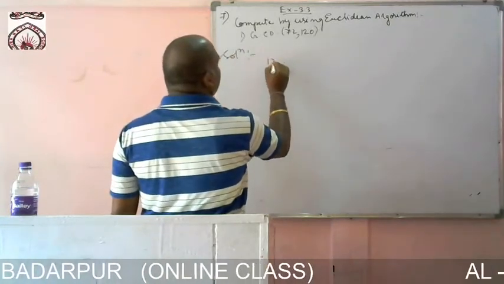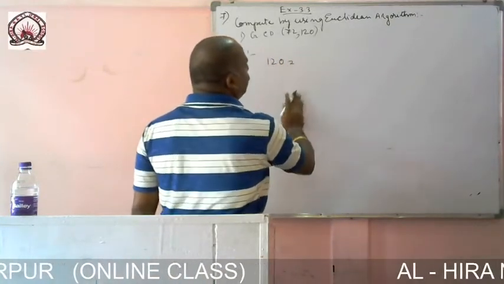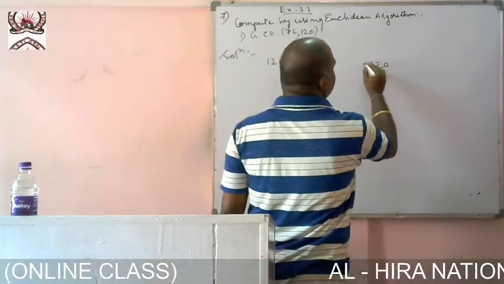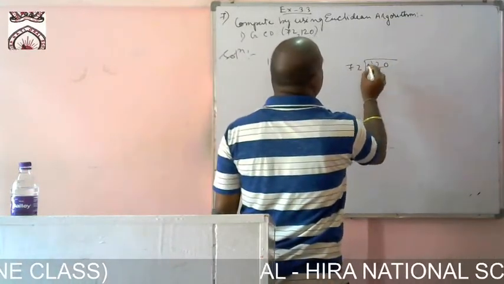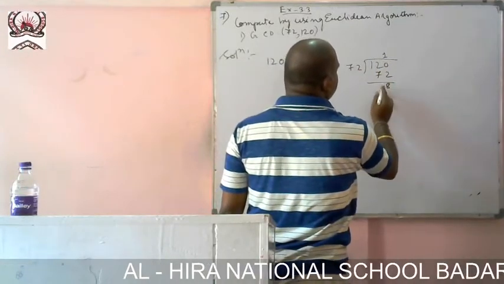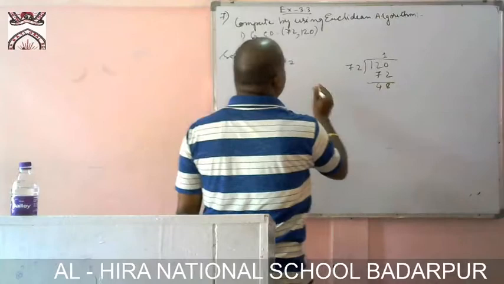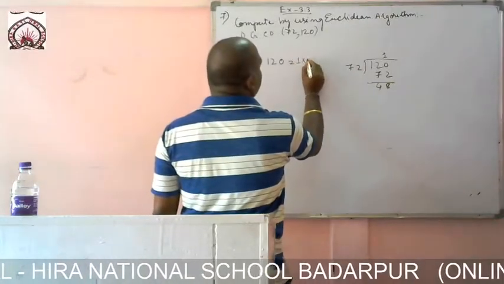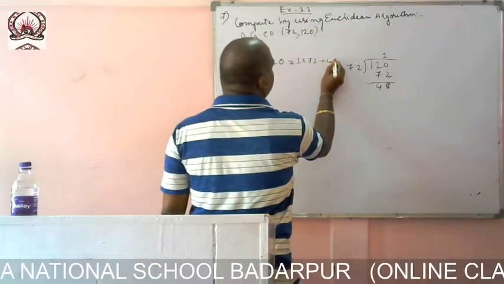Now we can write 120 equal to, if I divide 120 by 72, we are getting 1, 72, and remainder 48. So you can write 1 into 72 plus 48.